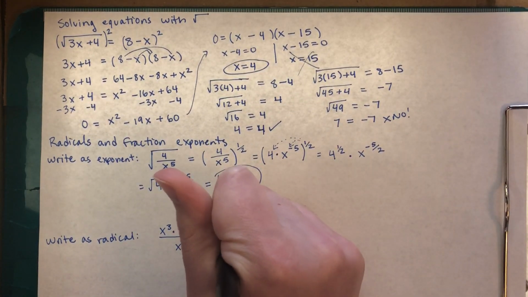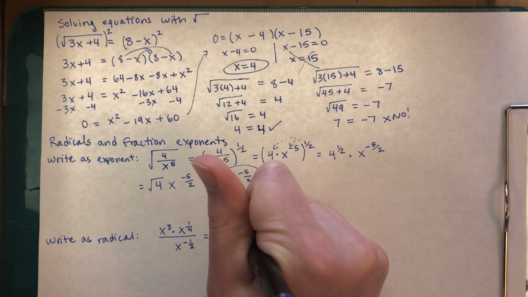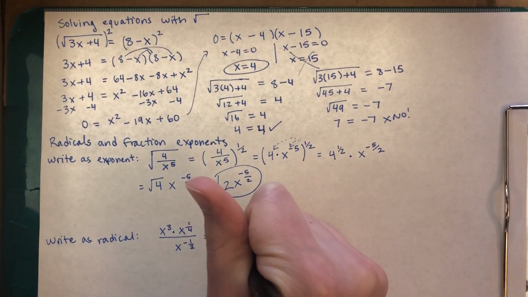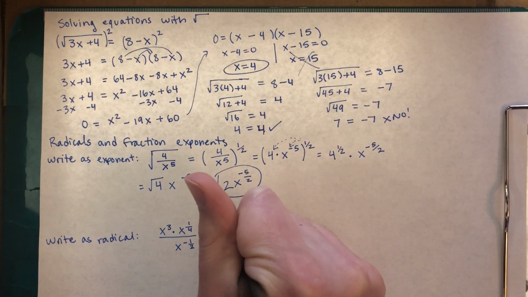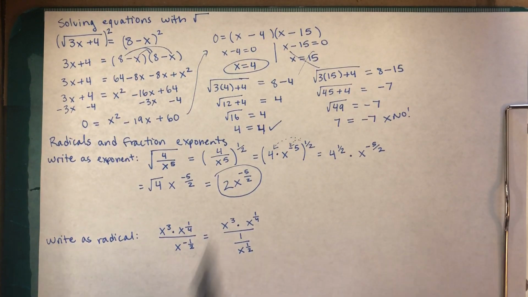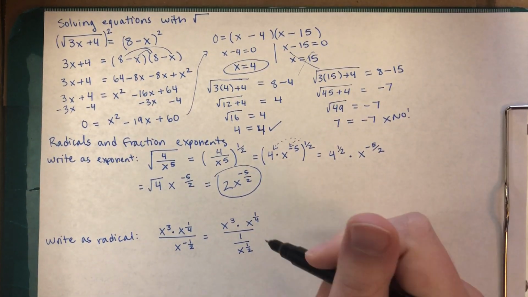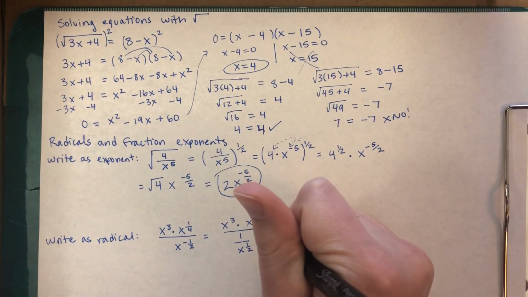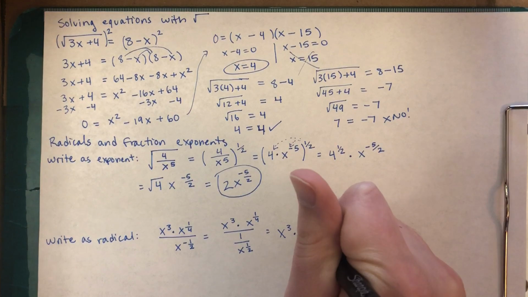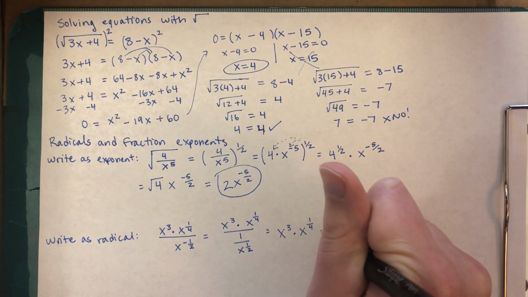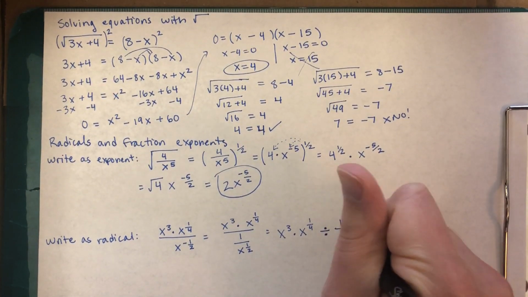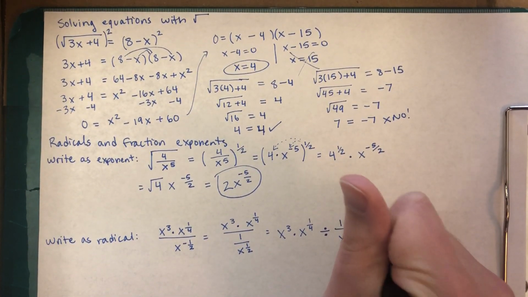I'm going to write this as x cubed times x to the 1/4 divided by, so the negative exponent makes it 1 over x to the 1/2. Okay, now I've got a fraction on the bottom of a fraction, which is like writing this top part is being divided by 1 over x to the 1/2.